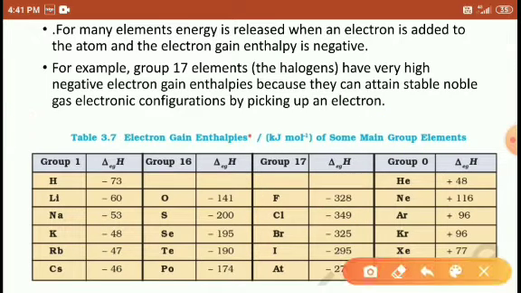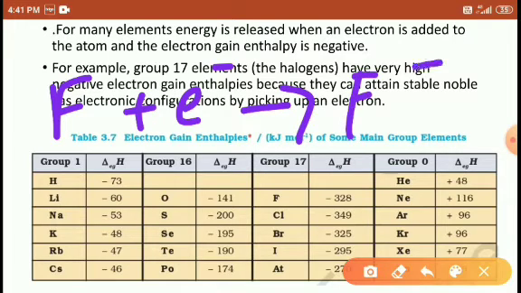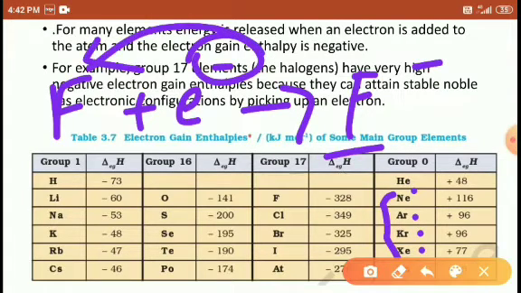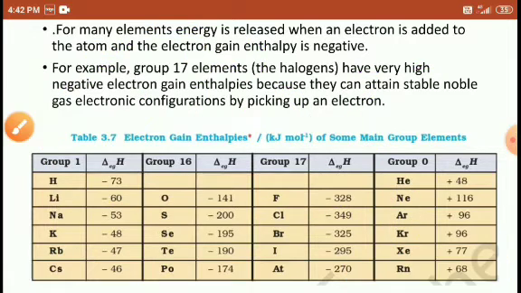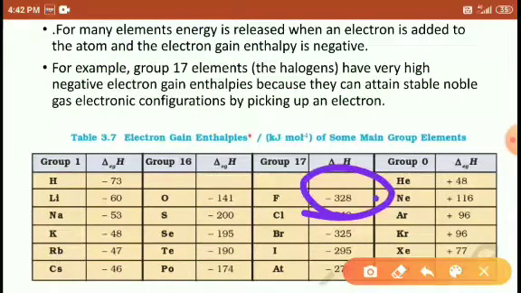Any species near to the target, for example fluorine, accepts an electron to form the fluoride ion, and after attaining it, it has the noble gas configuration of neon. It strongly attracts the electron towards itself because it wants to stabilize as soon as possible. So they apply more energy, and that's why the electron gain enthalpy is very high here.